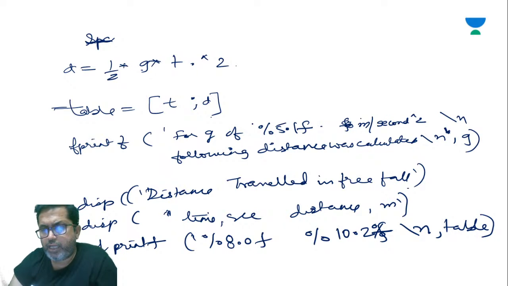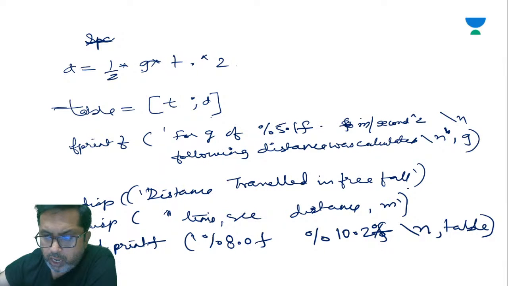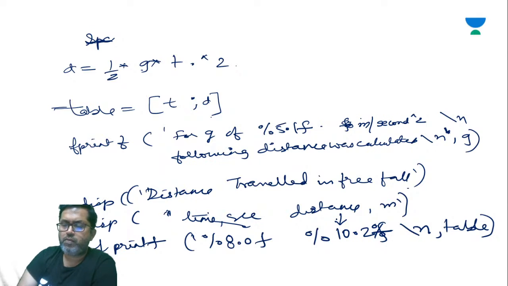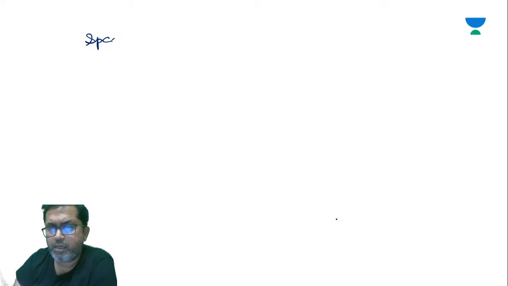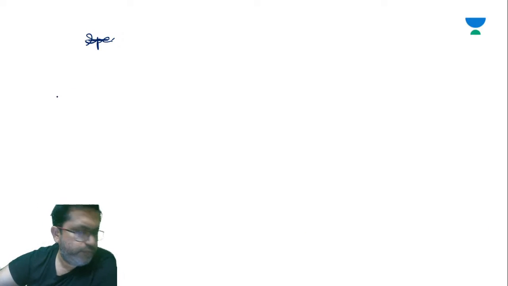This is %f, you can say this is for time and this is for distance, because the table has two values, time and distance.